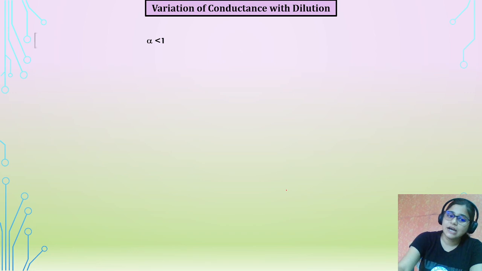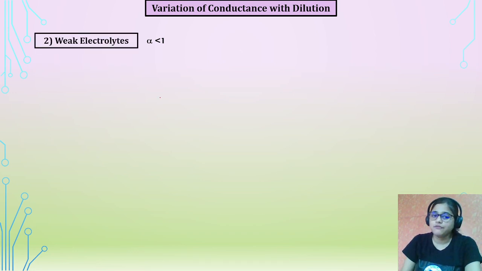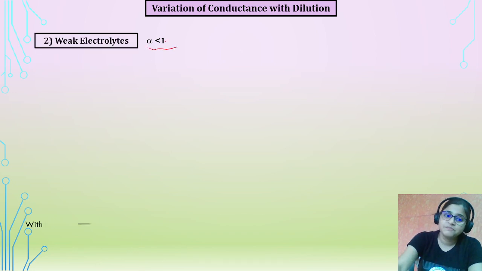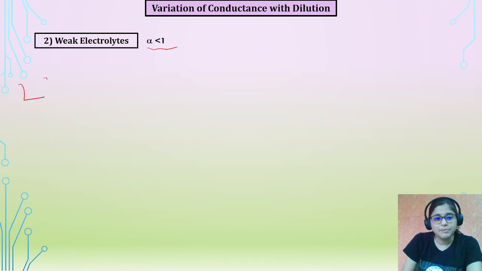Fine. Let's come now to weak electrolytes, where alpha is less, dissociation is less. Previously, in Ostwald's dilution law, we told you that after dilution, when solvent is added, the degree of dissociation alpha will increase.